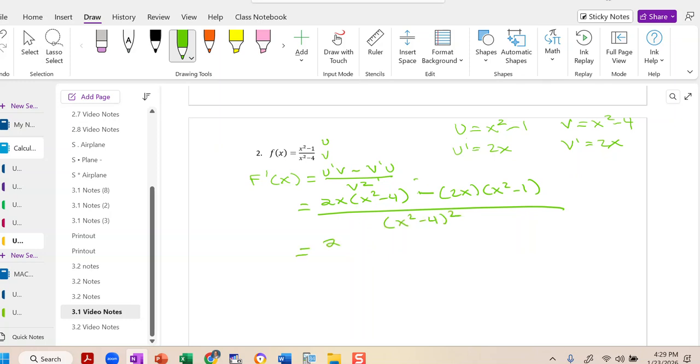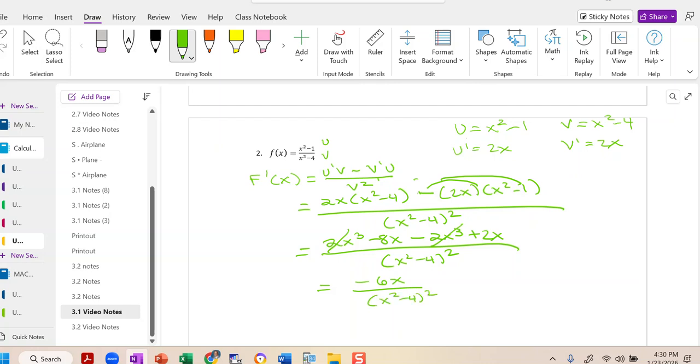When we simplify here, we get 2x cubed minus 8x minus 2x cubed plus 2x, because remember you have to distribute the negative. And then it's (x squared minus 4) squared. Those cancel, so you get negative 6x over (x squared minus 4) squared.